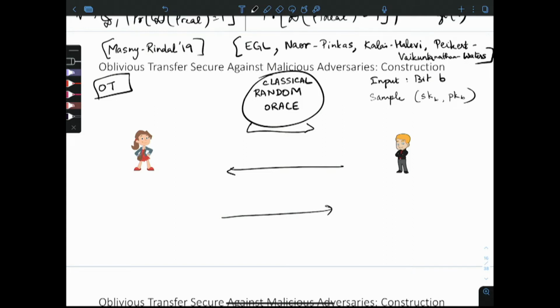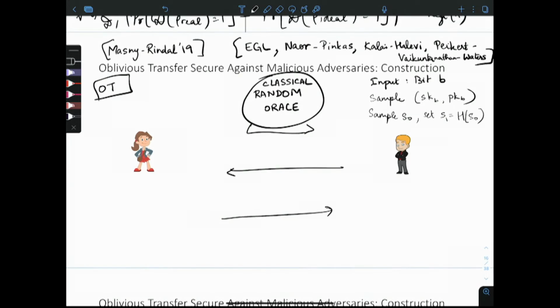And now he samples S0 uniformly at random and sets S1 to be the hash of S0, where hash is computed using the random oracle, XORed with PKB.